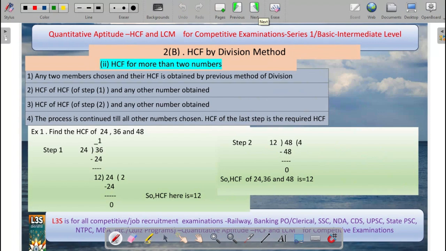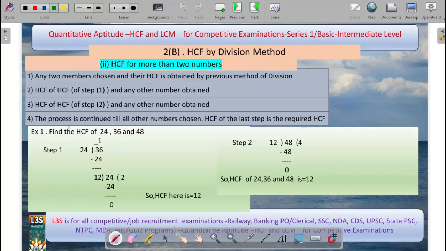In the case of HCF for more than two numbers, how will we do it? Say 24, 36 and 48. We choose any two numbers and obtain their HCF by the previous division method. Then we find the HCF of the step 1 result and another number, then again the HCF of the step 2 result and any other number.